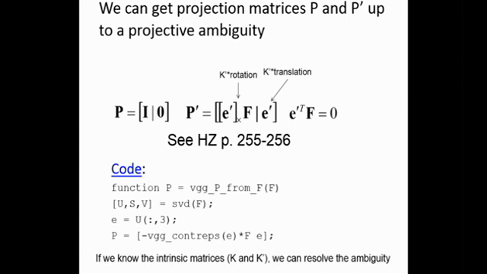Let's say that I pre-multiply all my 3D points by M and post-multiply my projection matrix by M inverse, then I'm going to get the same projection. And so I can create any invertible M and get the same projection. And so the values that I solve for my 3D points and projection will not necessarily be the true 3D points up to a similarity. And likewise, my projection matrix will not necessarily correspond to my rotation and translation because there's still some ambiguity there.